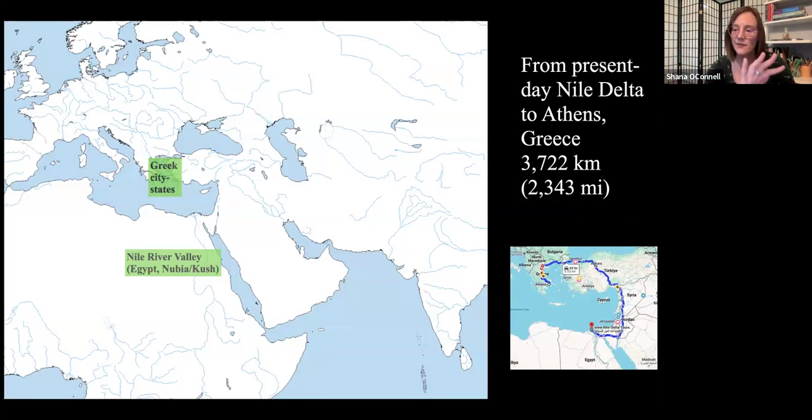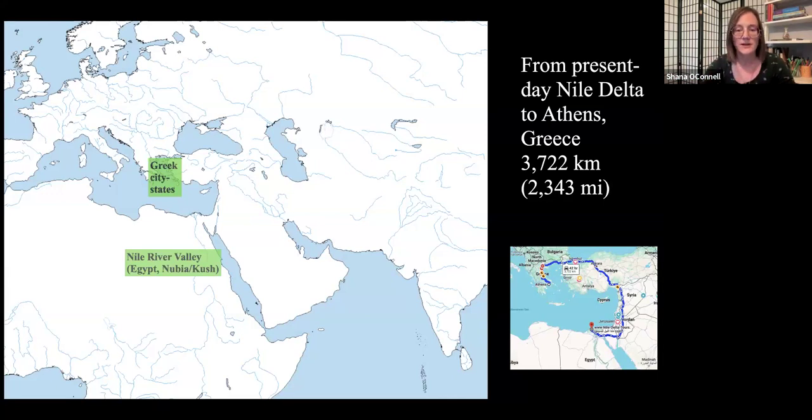What we've been seeing in the Nile Valley is about 4,000, 3,000 years ago. When we start talking about Greek art that's based on Egyptian art, it's about 2,000 years away from us and about 1,000 years after what was developed in Egypt. And just for geographic thinking, I put into Google Maps, if you were to drive from the Nile Delta to Athens, it's a little over 2,000 miles.